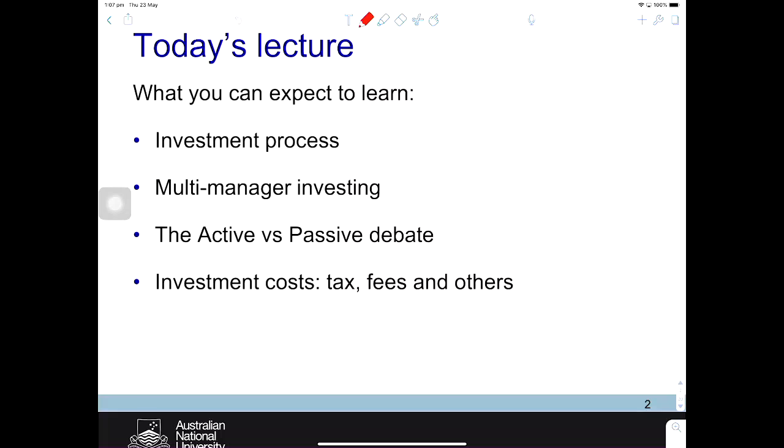Previously, we have always been focusing on asset allocation in terms of asset classes. So here we extend that dimension to manager diversification and also the choice between active and passive products. And lastly, very importantly, we're going to talk about the impact of the fees, the cost of investment on our investment decision.